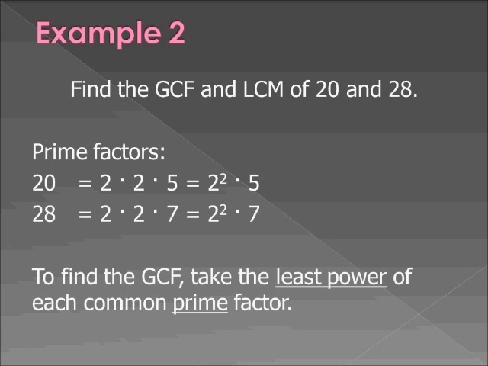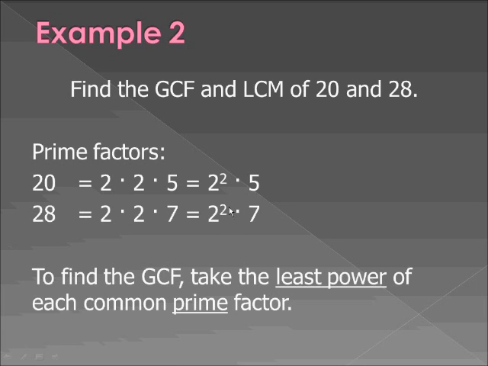Now, to find the GCF, you're going to take the least power of each common prime factor. So you'll want to see which prime factors the 20, the 28, or any two numbers have in common. Well, the only factor they have in common is 2. That's the first step, the common prime factor. Now we take the least power. In this case, we take the prime factor with the smallest exponent.